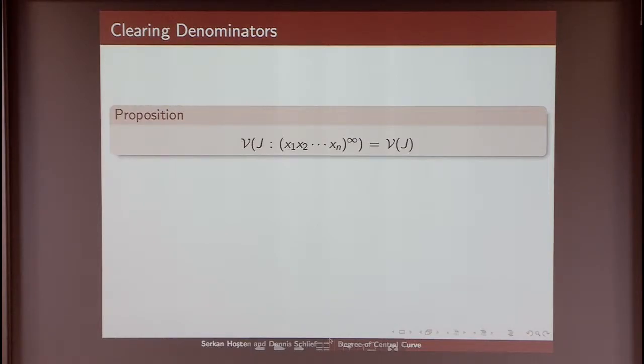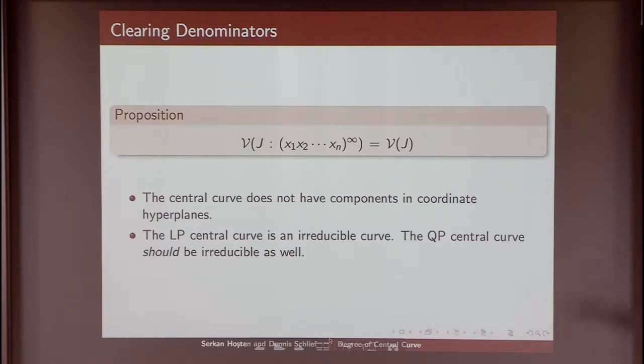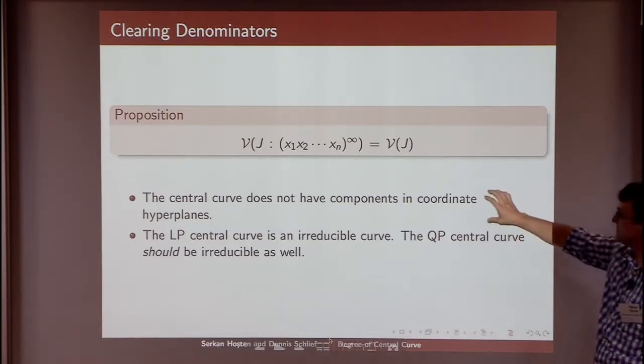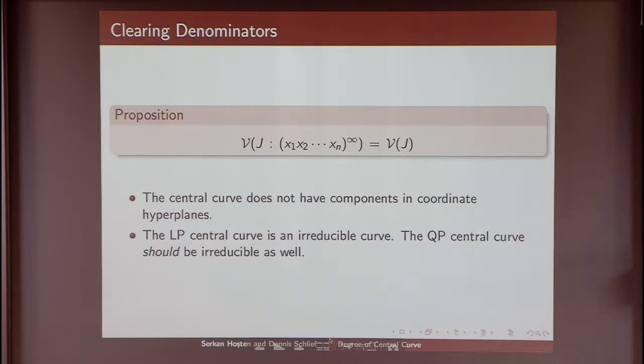Which means that the central curve does not have any components, if there are any, in the coordinate hyperplanes. Of course, if we're reducible, we're fine. Okay, that is not going to happen. But the only thing I'm using is this result anyway. But I agree with Ben that this curve should be reducible in general.